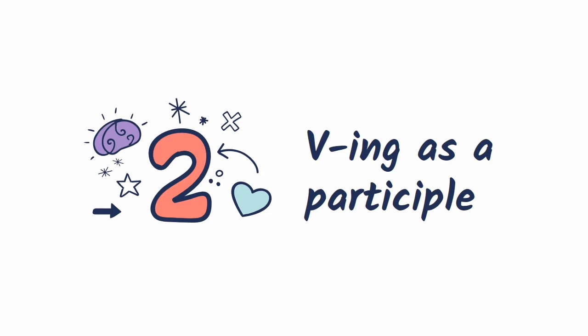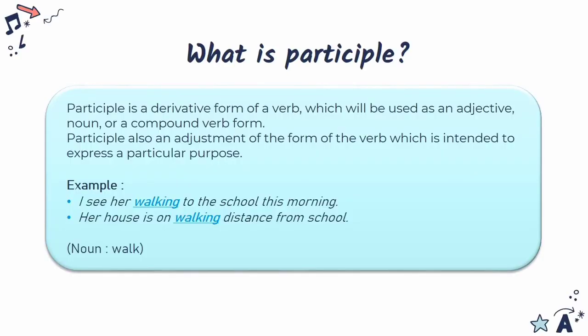Verb-ing as a participle. What is a participle? A participle is a derivative form of a verb which will be used as an adjective, noun, or a compound verb form.